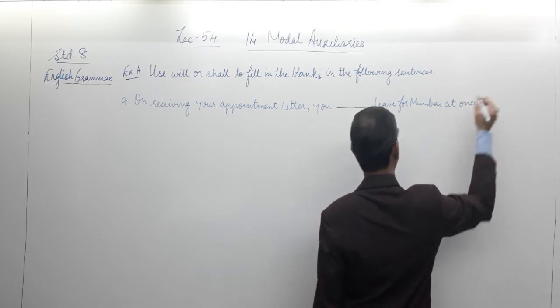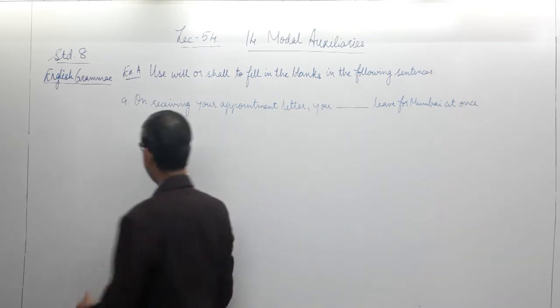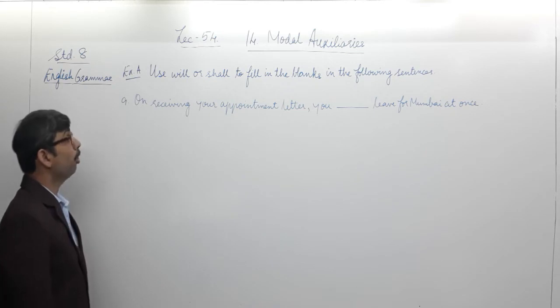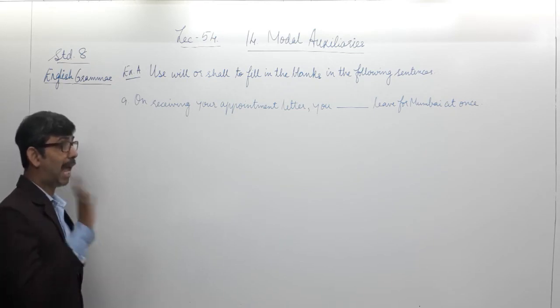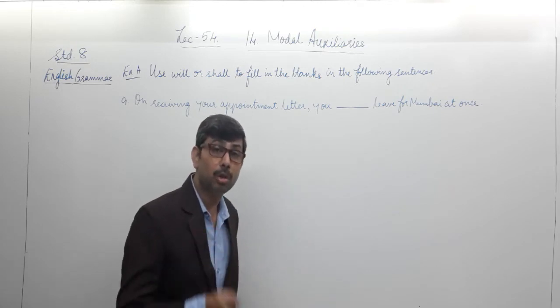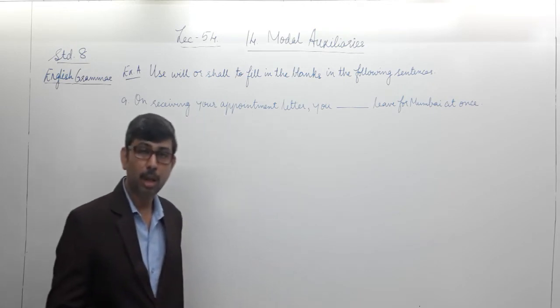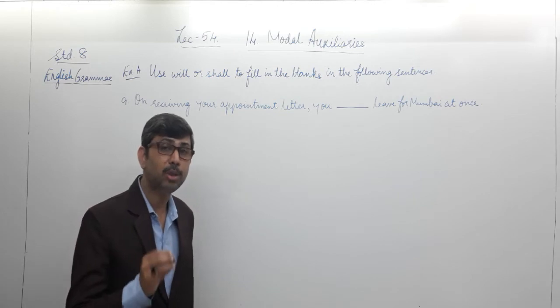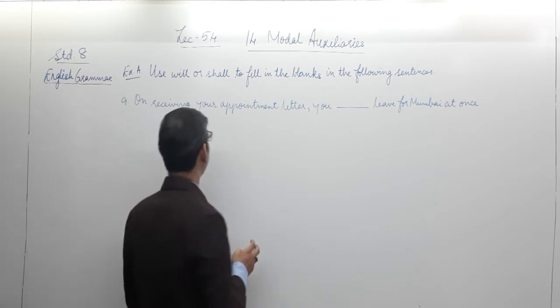So what can you see in this sentence? You will find, if you read this carefully, on receiving your appointment letter, you dash leave for Mumbai at once. So a command is being given over here. You have been instructed to leave for Mumbai no sooner than you get your appointment letter.